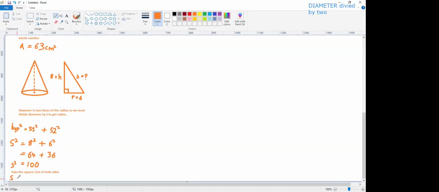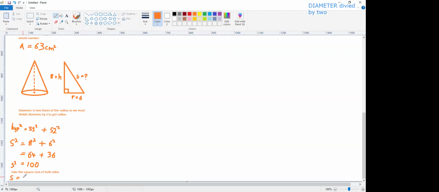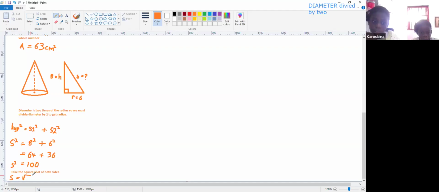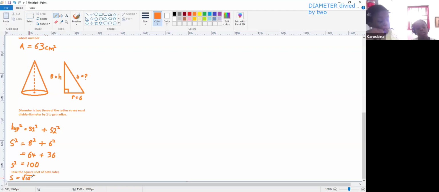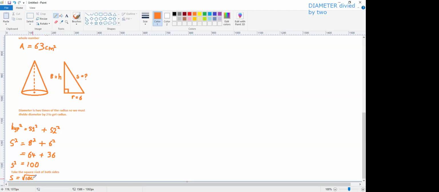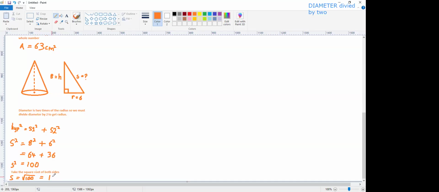Do you understand? S equals, so what is the square root of 100? 10. Thank you. The square root of 100 is 10. Please don't go and make the mistake of saying 50, because square root is not the same thing as division by 2.